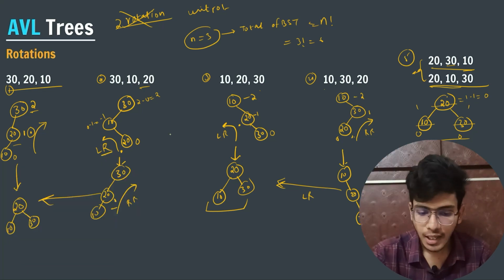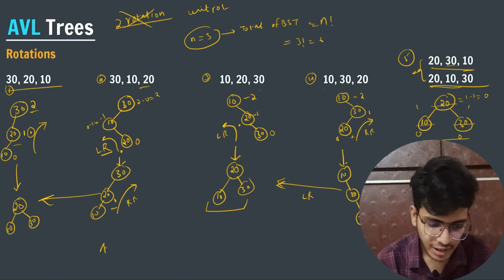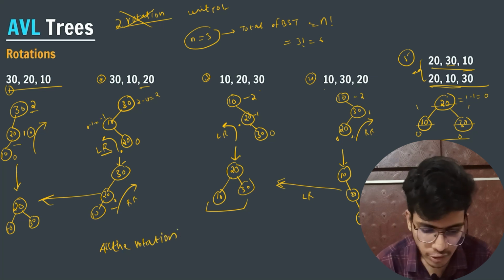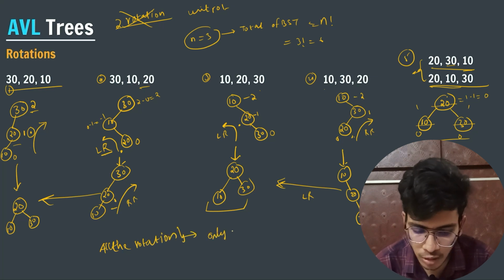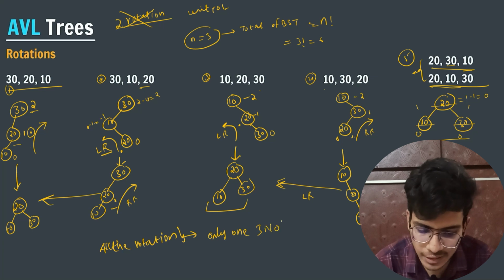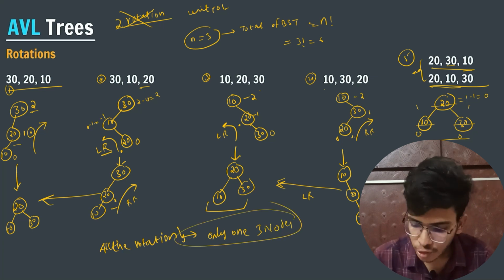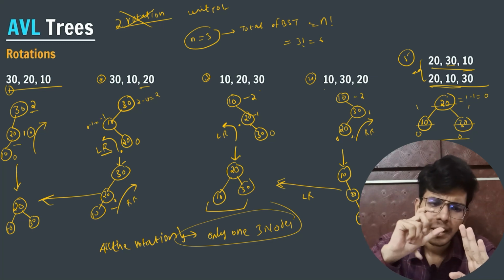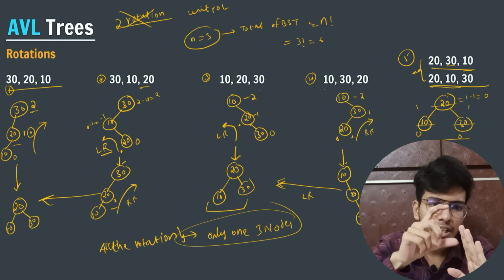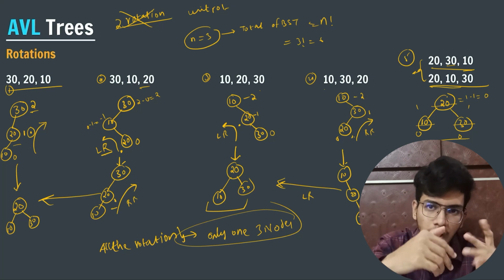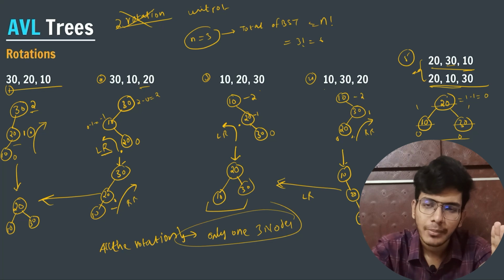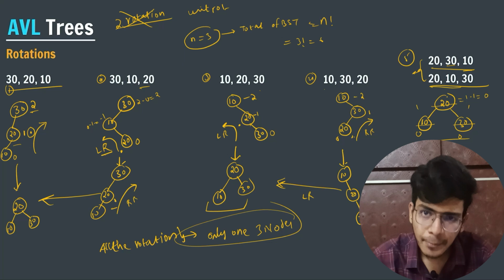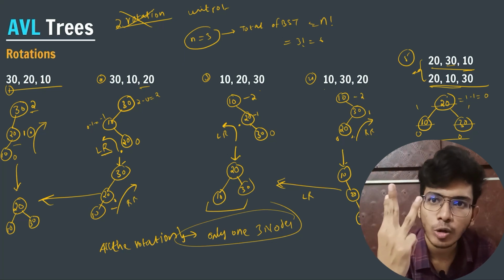And one more thing you have to keep in mind: all the rotations that we generally perform are only on 3 nodes, right? Let's say you have a huge tree. We will check at what point the balancing factor is disturbed, and from that point we will take 3 nodes and make one element a pivot element, and with respect to this pivot element we will perform the rotation.